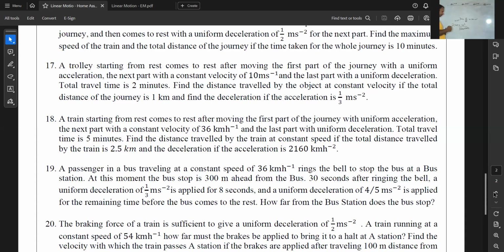Then we cancel out the zeros. 36, 36, 18, 18, 18, 2, 18, 81.